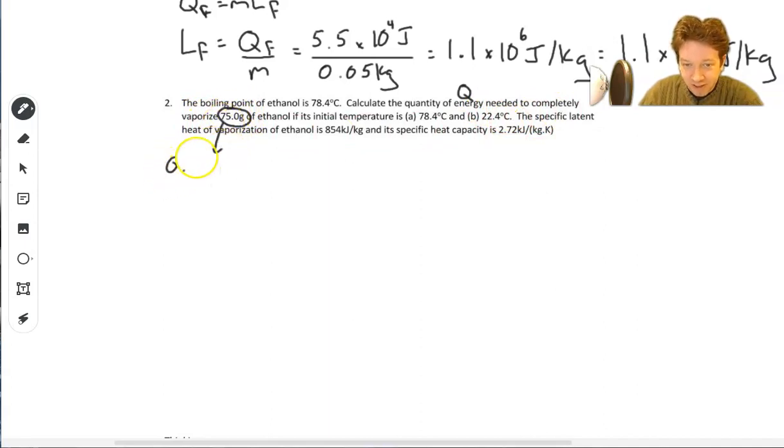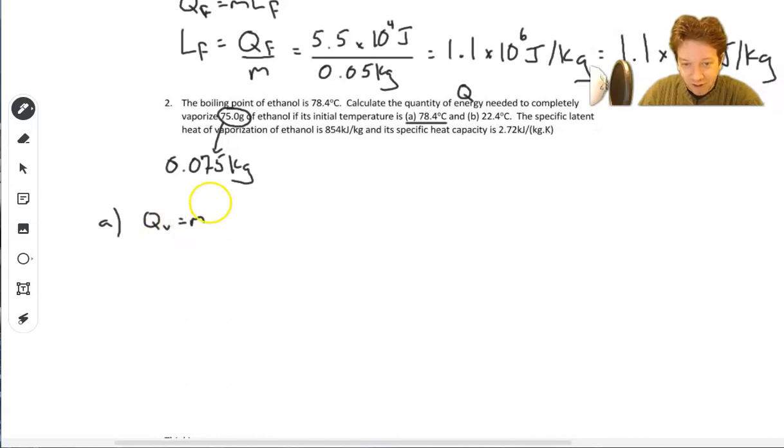0.075 kilograms. If its initial temperature is, so let's do part A, 78.4 degrees. So if the ethanol is already at its boiling point, to figure out how much energy would be required to vaporize it, we're just going to use our latent heat of vaporization equation.